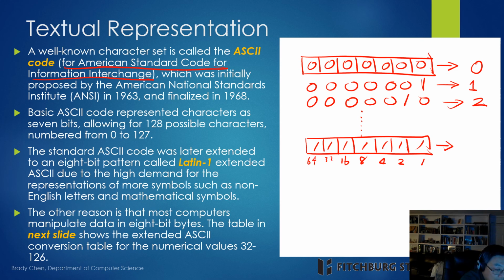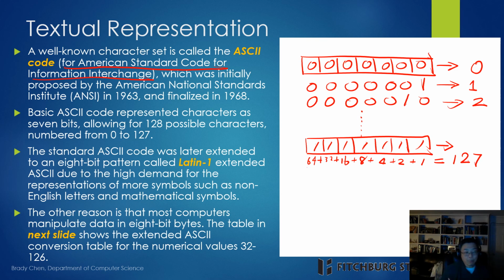Because the value at each position is 1, we can add all these numbers. That's 64 times 1, 32 times 1, 16 times 1, 8 times 1, 4 times 1, 2 times 1, 1 times 1. And we'll find out this gives you 127.